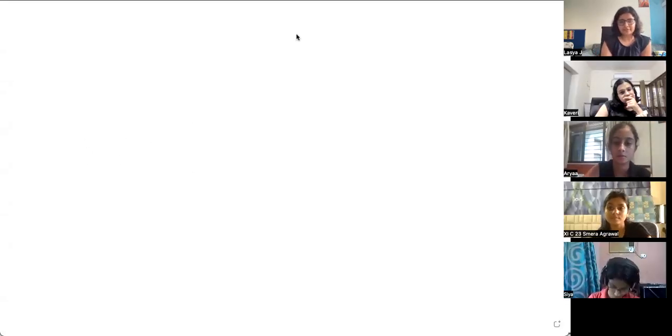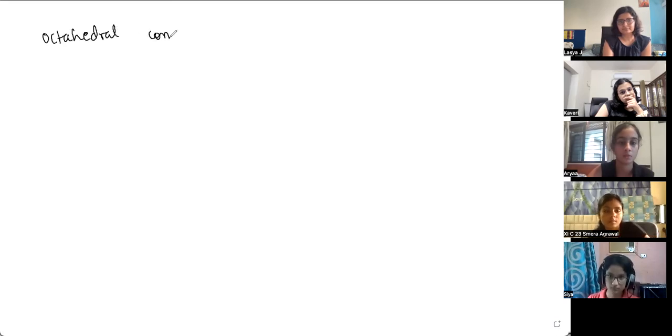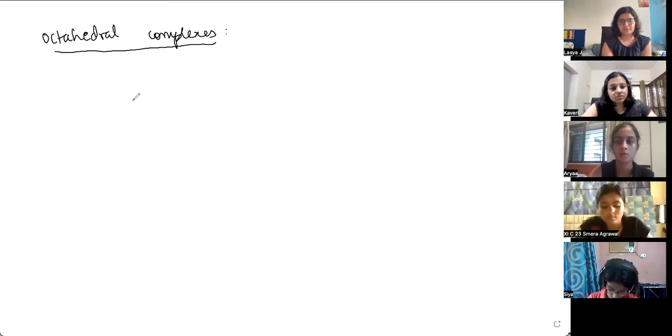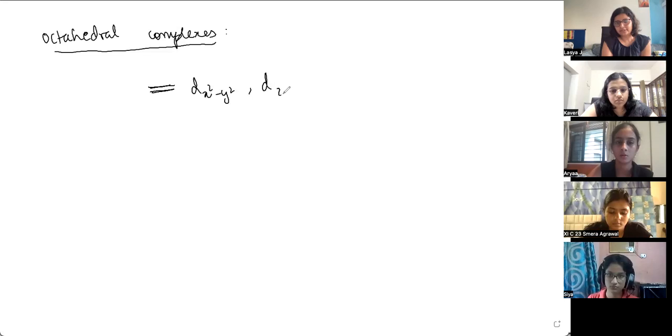So, for octahedral complexes, this is what we've come to. The ones along the axis, which are dx square minus y square and dz square, are of higher energy, and dxy, dyz, and dxz are of lower energy.